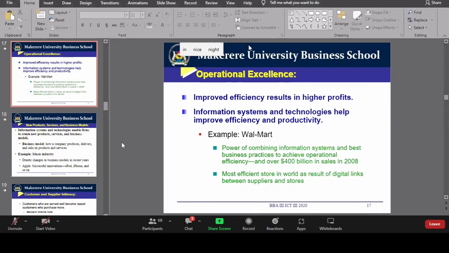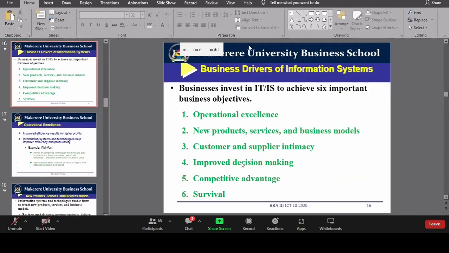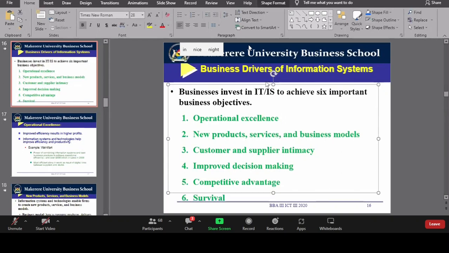Stella, about survival, can't I bring this in as producing quality products? What about if I go to things like operational excellence? When I talk about quality, how about if I go to operational excellence, or things like competitive advantage?